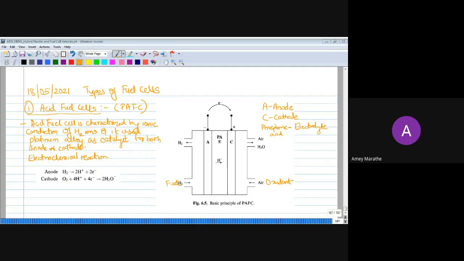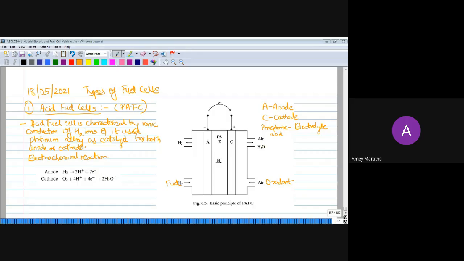Similarly, we supply oxygen at the cathode, and these hydrogen ions flow through the internal circuit, and we have four electrons in the output. If you add the anode and cathode reactions, we get water.